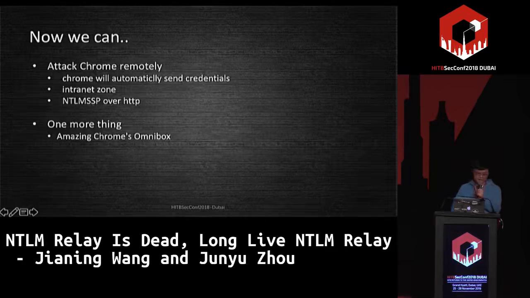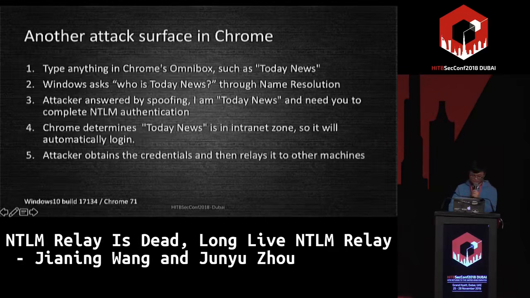Another interesting thing is the amazing Chrome Omnibox. The test environment is also a workgroup environment, with Windows 10 and Chrome 17. If a victim types anything in the Chrome Omnibox, such as Today News, Windows will ask who is Today News through name resolution.